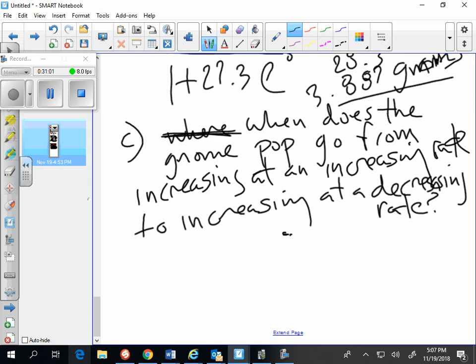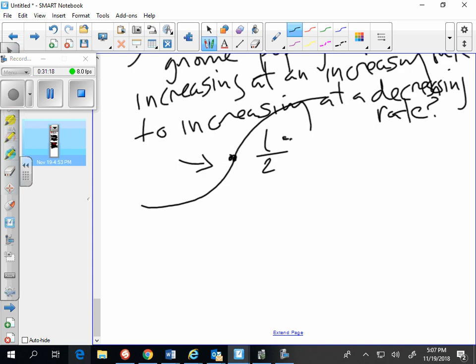What we're looking for here is when we go from increasing at an increasing rate to increasing at a decreasing rate. We're looking for that inflection point where we go from concave up to concave down. Well, we said we know the y value here is L over 2. And since our L is 110, we know the y value is 55.